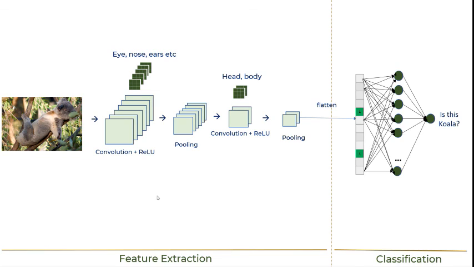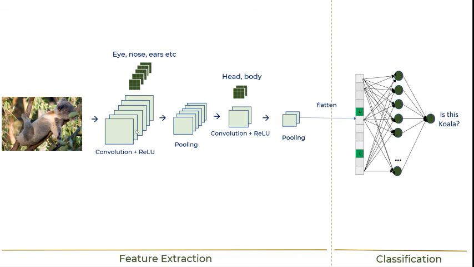Now, very important thing to mention here is these filters, the network will learn on its own. In previous presentation, we saw that we applied those filters by hand, but this is the beauty of convolutional neural network, that it will automatically detect these filters on its own, and that is part of the training.